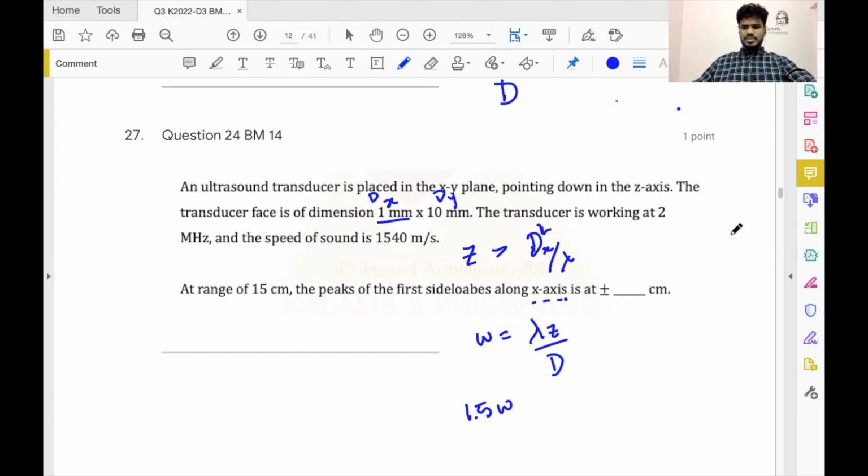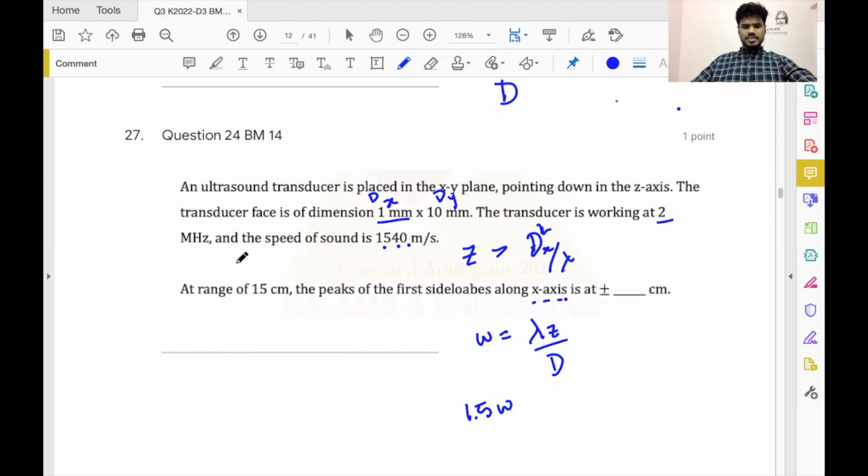Quickly, we just did this problem yesterday. We know Z. Let me point out things here. We know dx, which is what we should be using. Then speed is given, frequency is given, so we can calculate lambda.